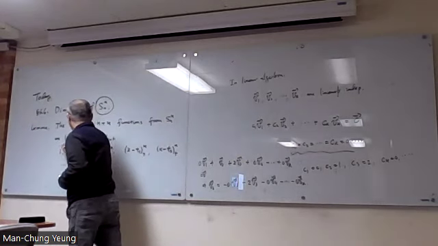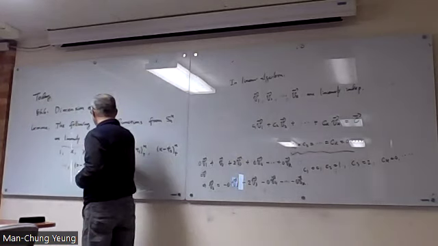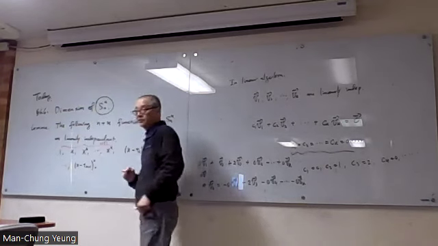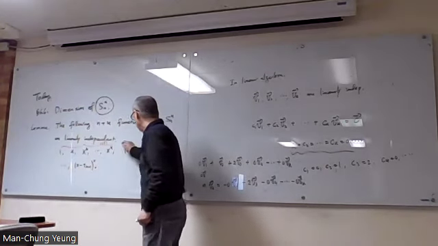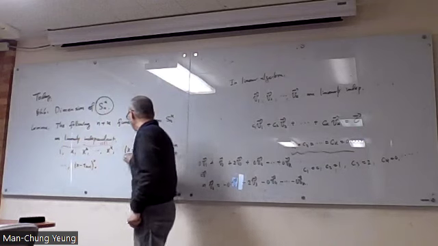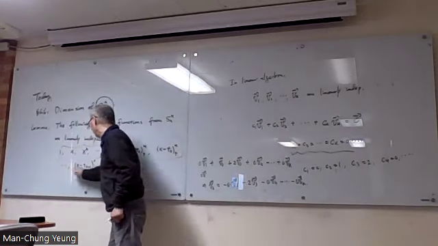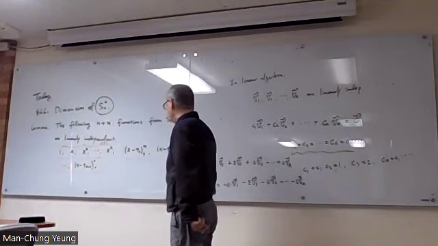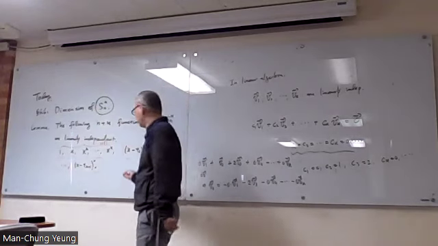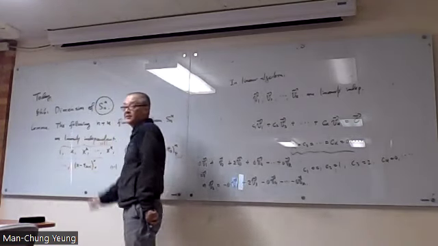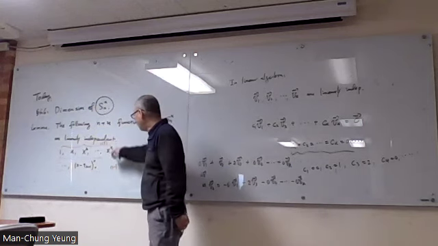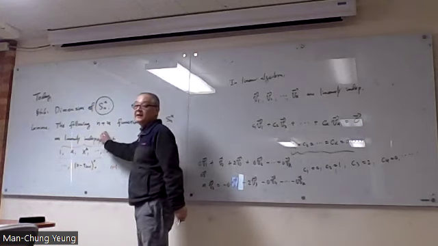Here, k plus 1 functions. How about here? n minus 1 functions. So the sum is exactly n plus k.